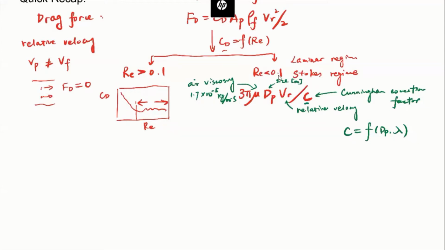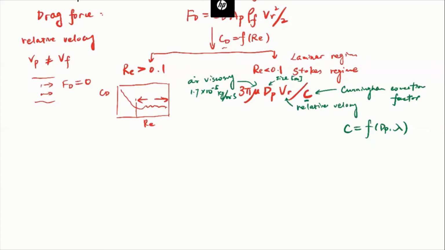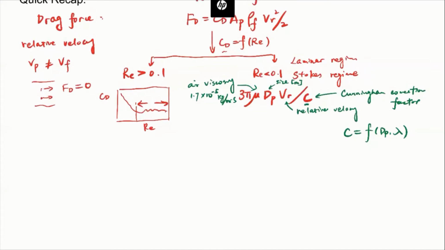We mentioned that this C here satisfies a relationship. If the particle size is much larger than the mean free path, then C is equal to 1, or very closely equal to 1.